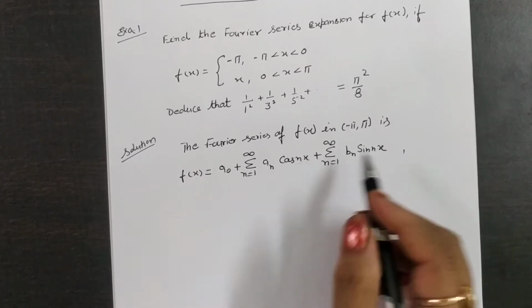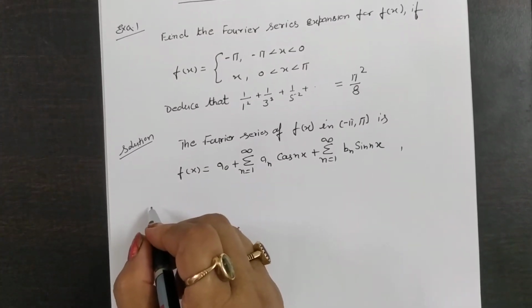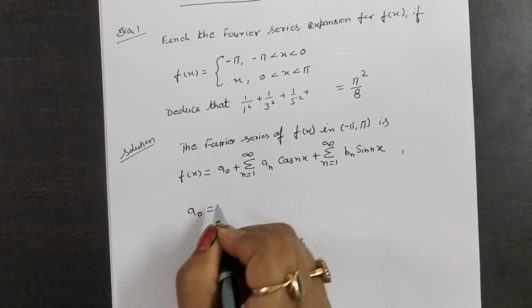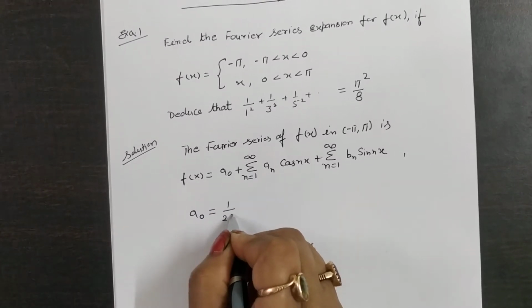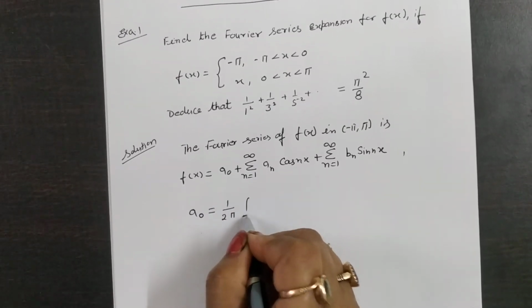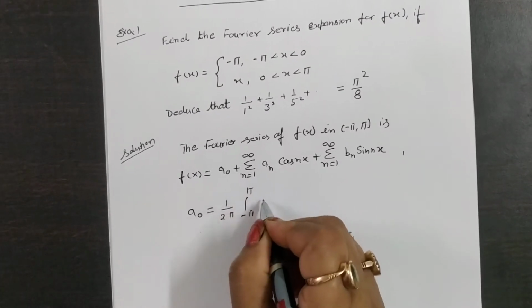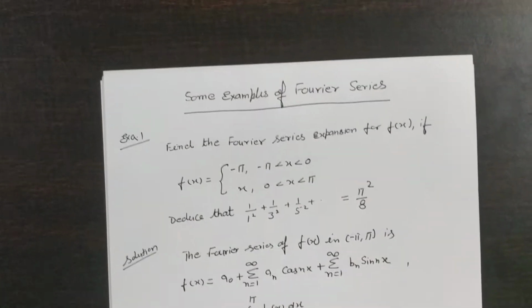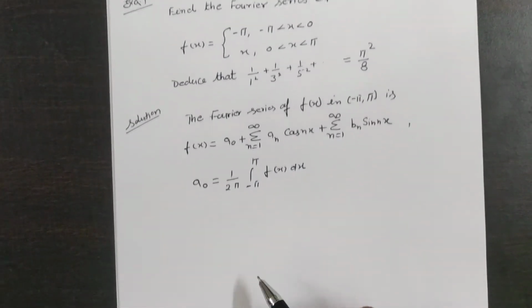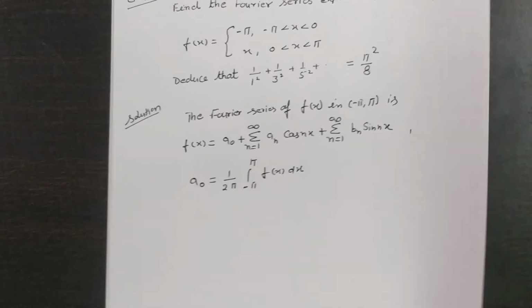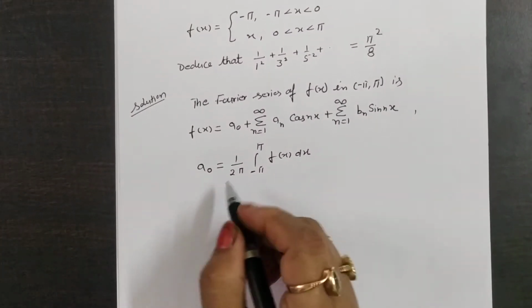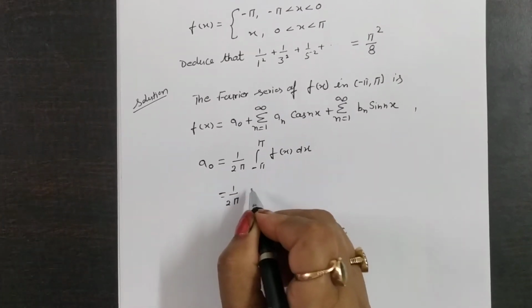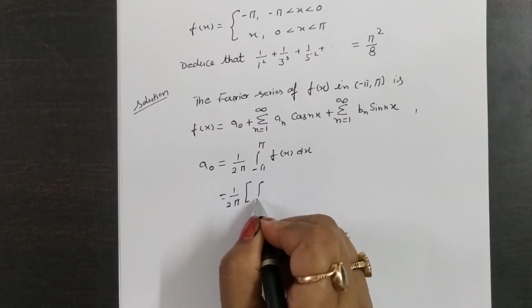Here a0 is 1 by 2 pi, integral from minus pi to pi of f(x) dx.